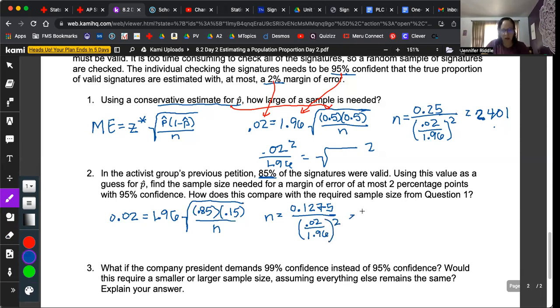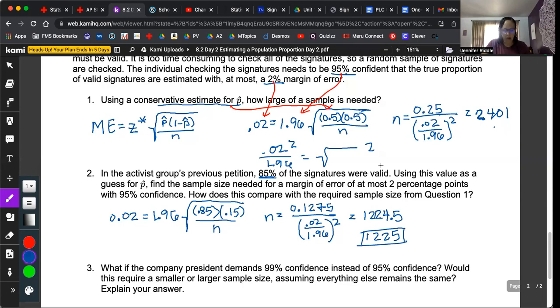You should get 1,224.5. And since we can't have half a signature, we're going to round up to 1,225 signatures. So make sure that when you're finding the sample size, you always round up, because we can't have that piece.